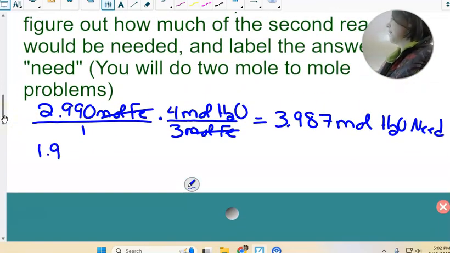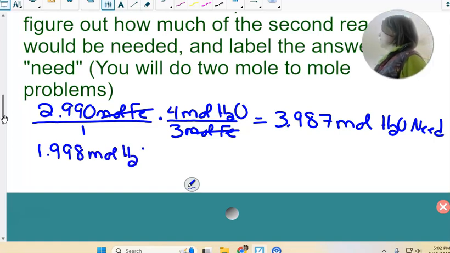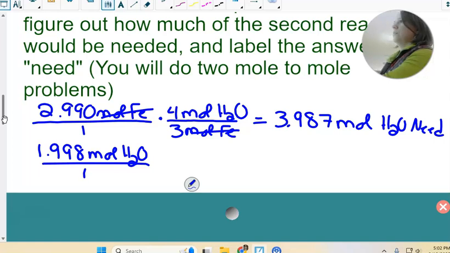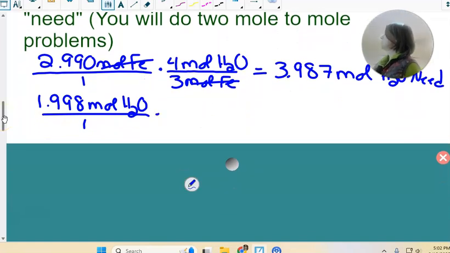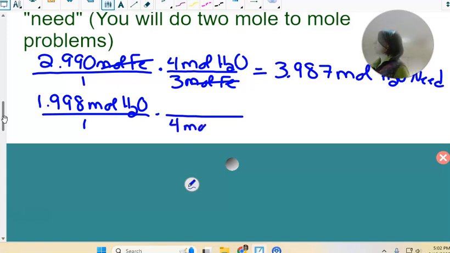So 1.998 moles of water over 1 times my mole ratio, which is going to be the same mole ratio, but we have to flip it. So water is going to be on the bottom. 4 moles H2O over 3 moles iron.